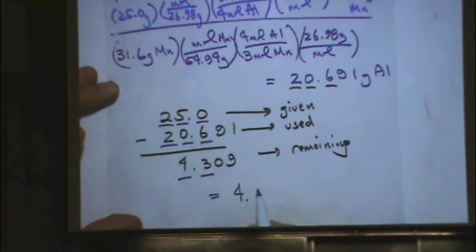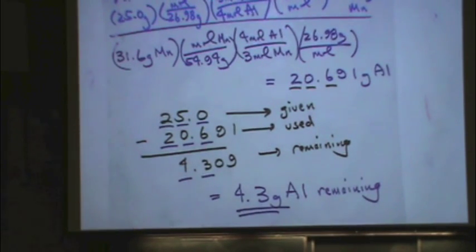It just rounds to 4.3 grams of aluminum remaining after the reaction is complete. Okay. Any questions, whether it be about sig figs or how I did the calculation? It usually follows the same flow, so just get used to it, and it should be fine.